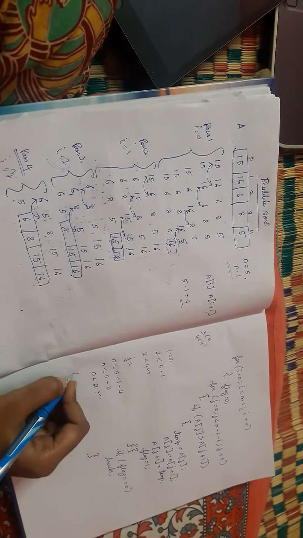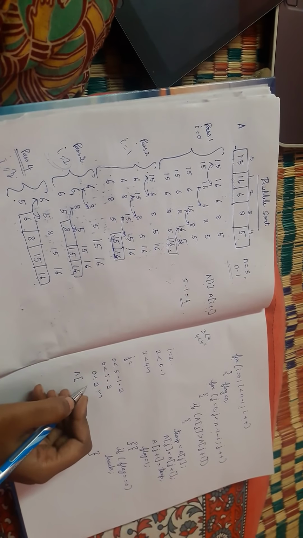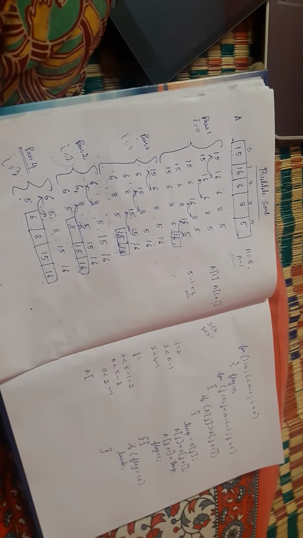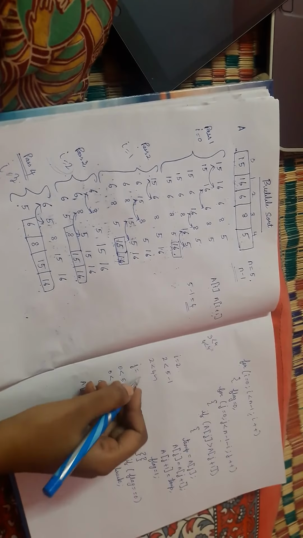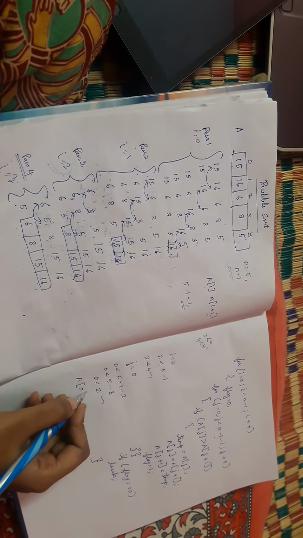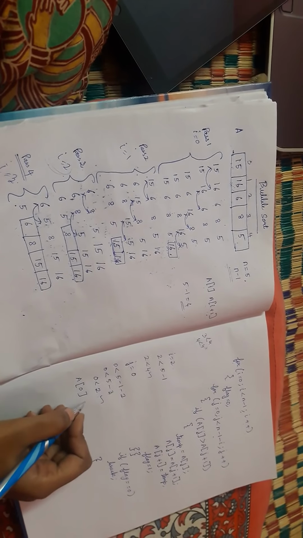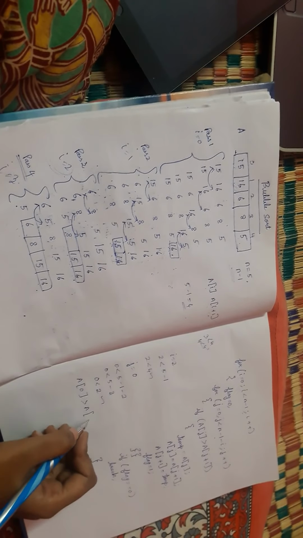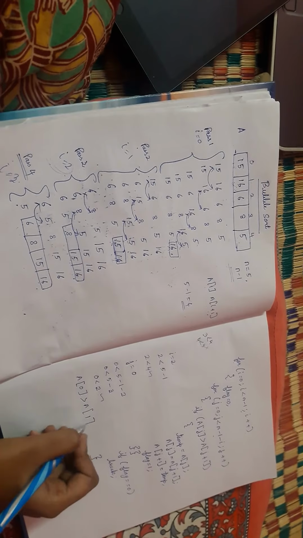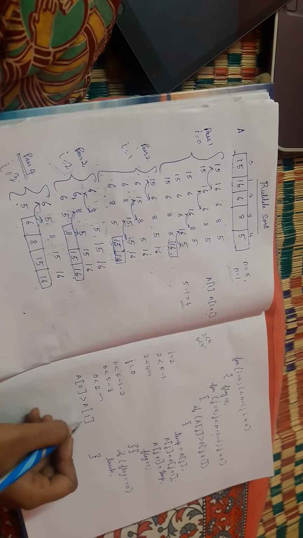Inside the if, a of j, where the j value is now 0. We are going to check the condition: a of j greater than a of j plus 1. The j value is 0, plus 1, so a of 0 greater than a of 1.